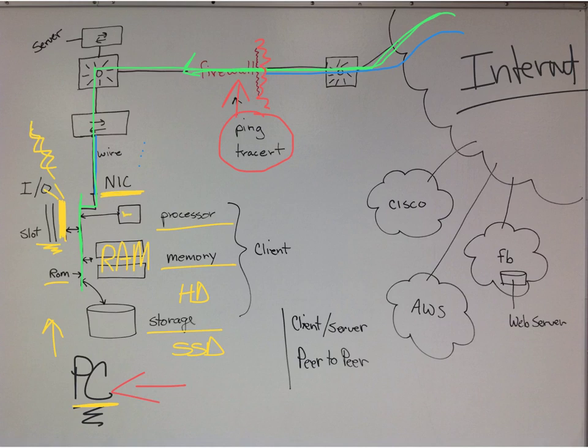A couple other terms we talked about then, like here, going to the internet. If you go to Facebook, Facebook has a web server. You can get information off that. And then that information can come back to your PC. Have some type of input-output on your PC. Here we have a web server, so we have a server. Here we have a client. So that's a client-server environment. There's also peer-to-peer environment in which we actually set that up the other day.